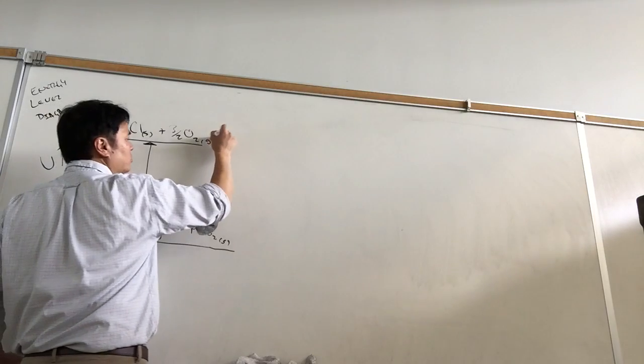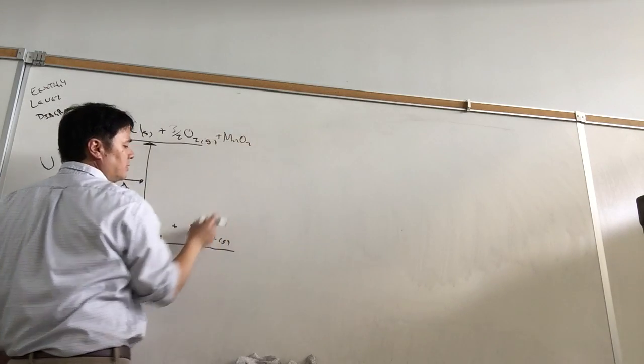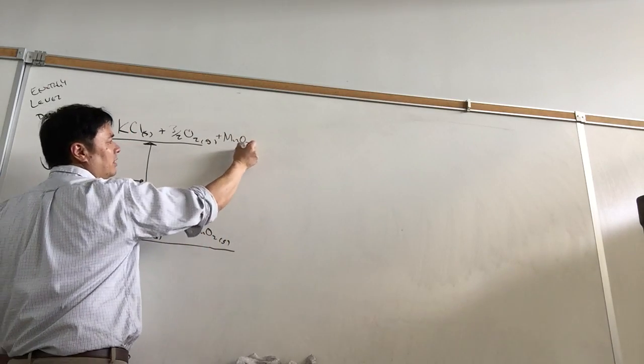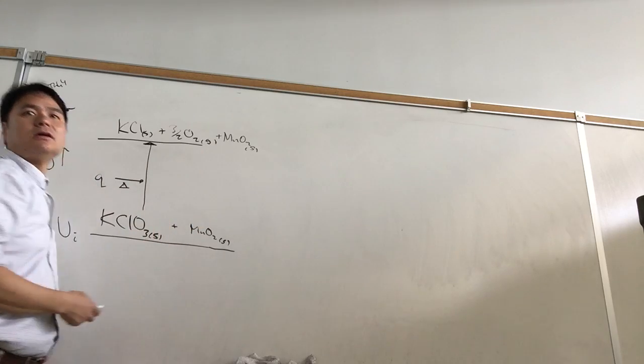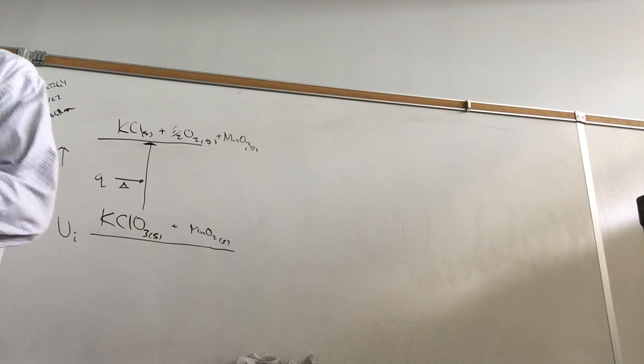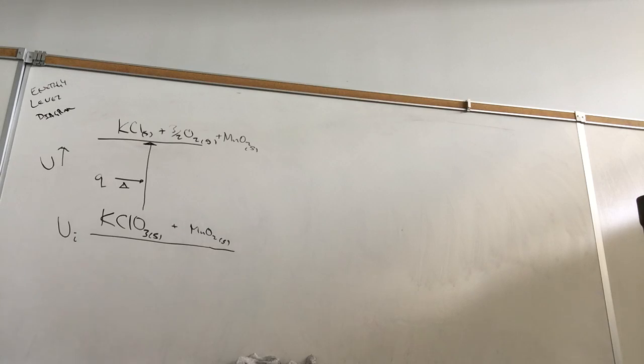Nothing happens to MnO2 because at the beginning of the reaction it's MnO2, and by the end it's MnO2. Something might have happened, but it gets spit out just the way it was, so there's no net change to the MnO2. We don't cancel it because it's not just a spectator. It participates, but it's regenerated.